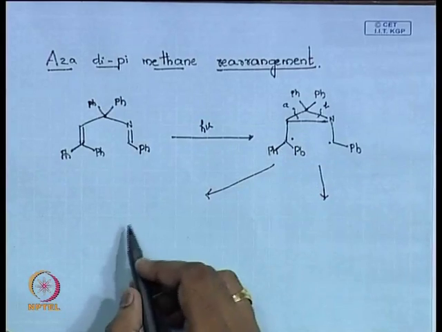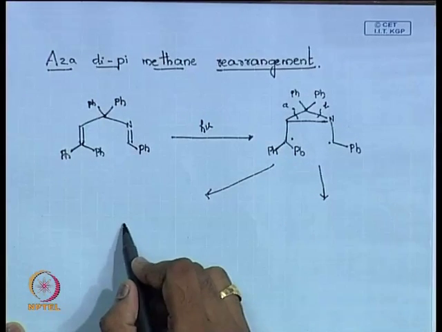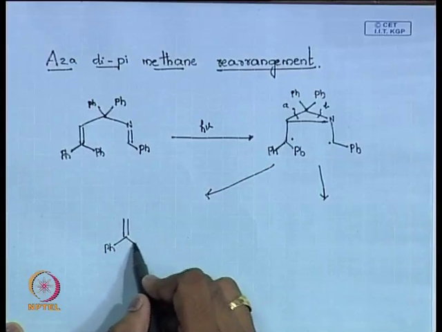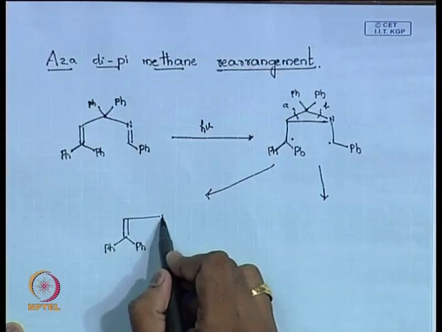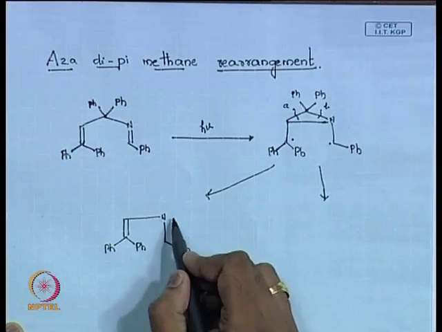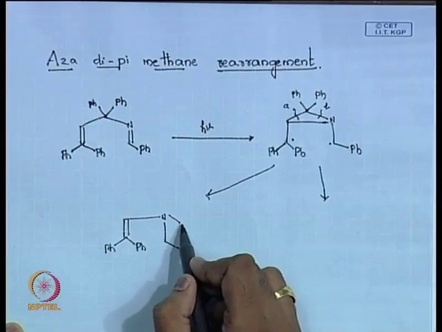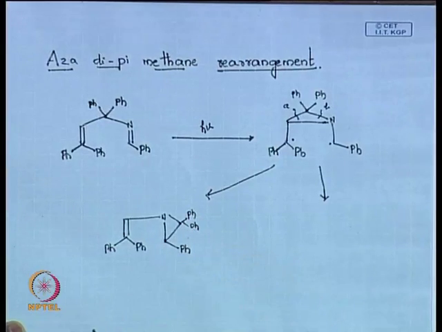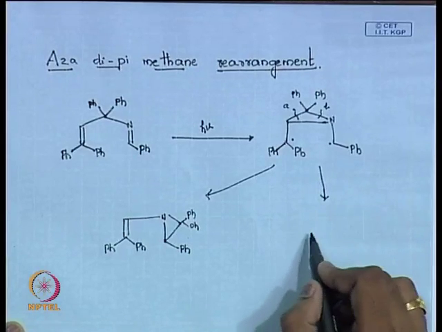So, if we go in the direction of A, you get a system like this. When you go in the direction of B, then you will get this.